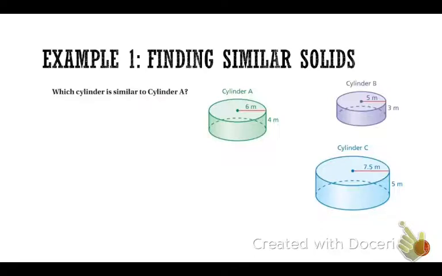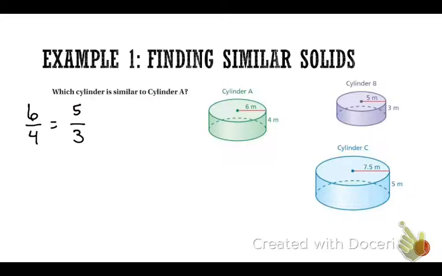So with cylinder A, I'm going to write a ratio: radius over height. I could have done height over radius, that doesn't matter as long as it's the same thing on both sides. So radius over height equals, now comparing A and B, radius over height.